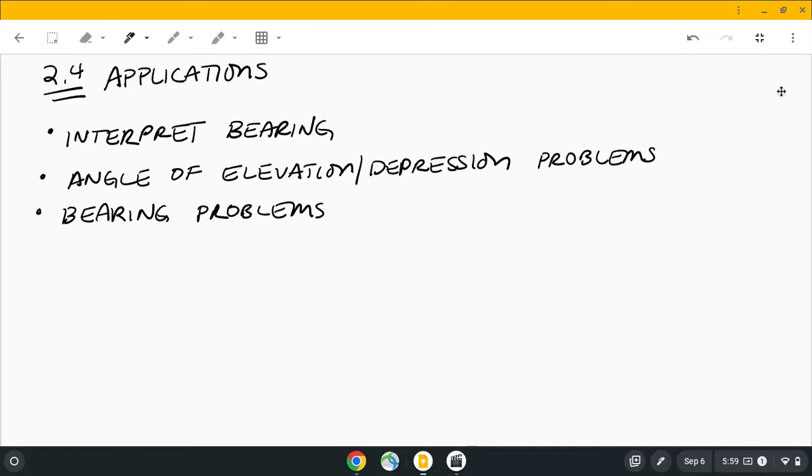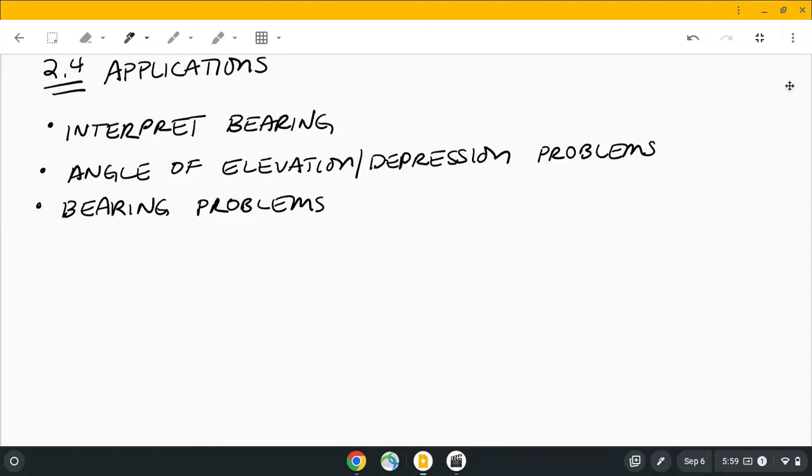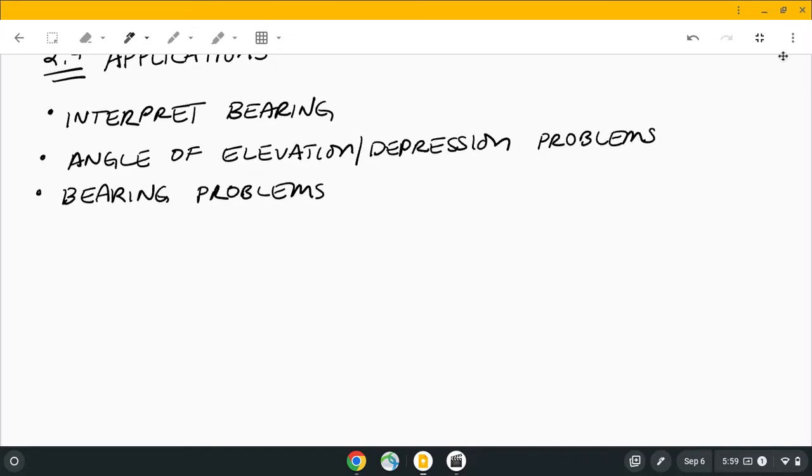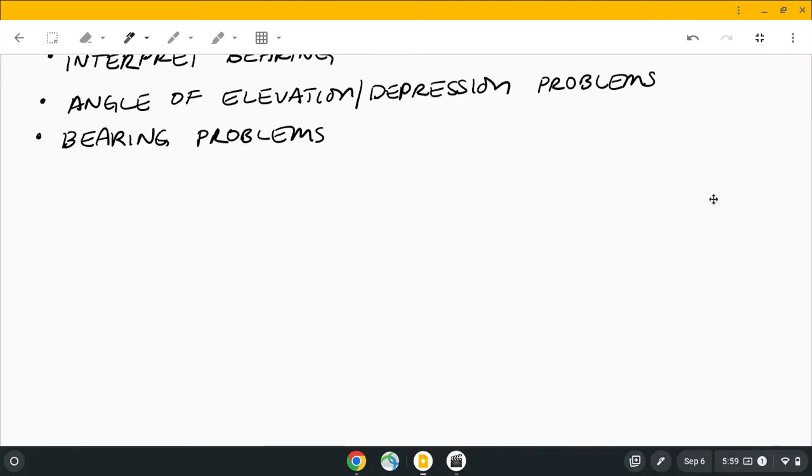So this is done in 2 videos. This section, we're going to focus on angle of elevation and depression. And then in part 2, we'll focus on bearings. Okay. All right, so angle of elevation and depression.